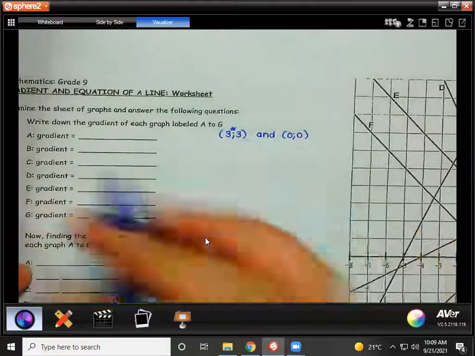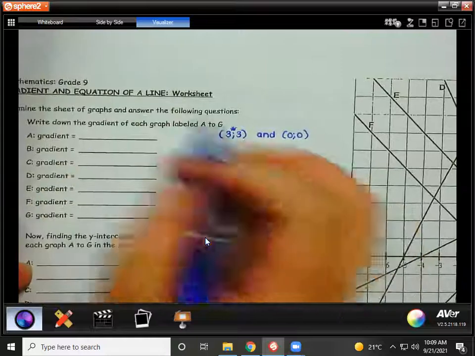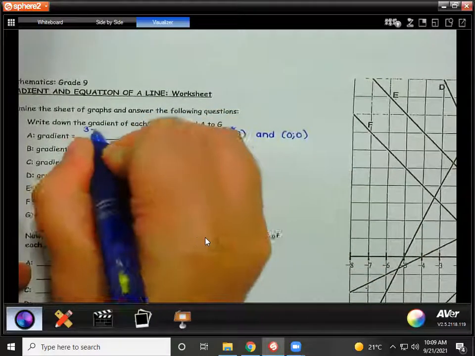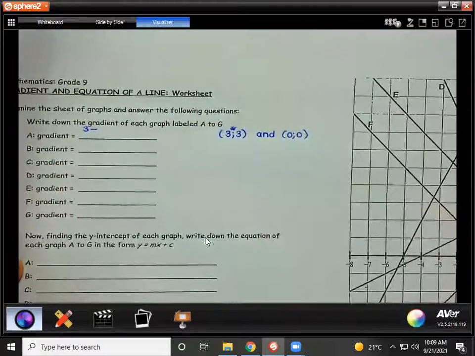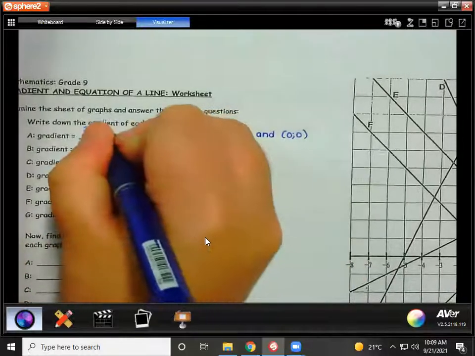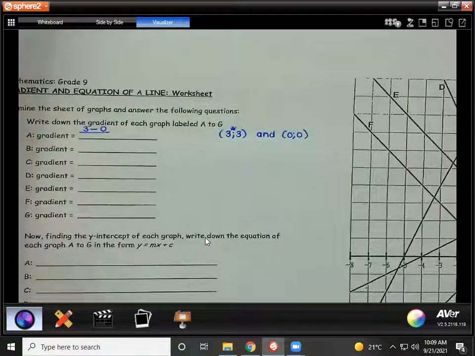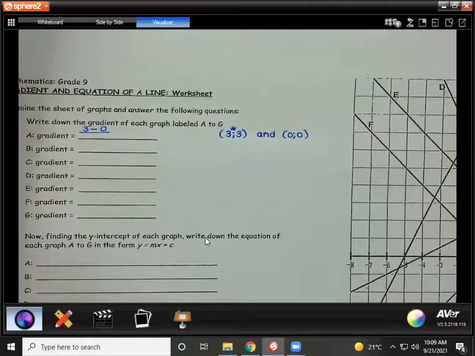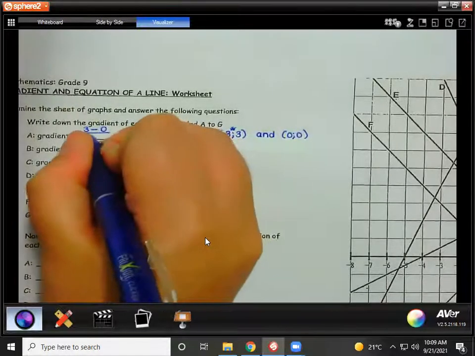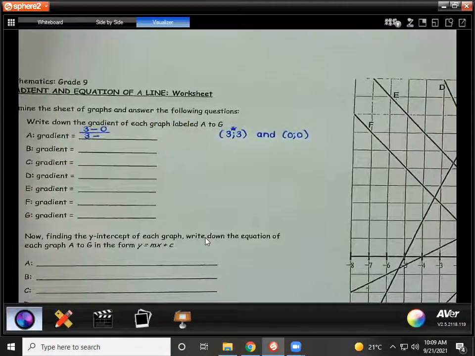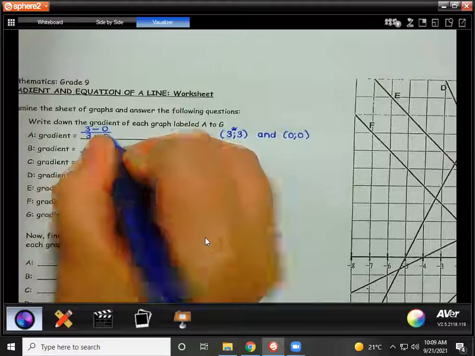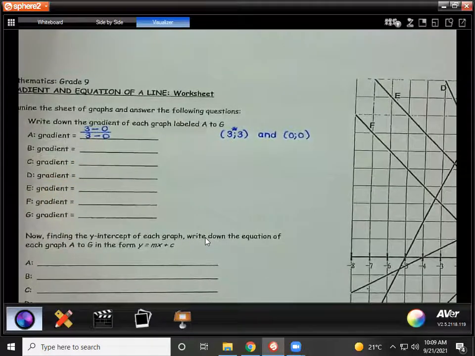What is the y value of the first point? 3. Minus, what is the y value of the second point? 0. Divided by, what is the x value of the first point? Also 3, hey? And the x value of the second point? Also 0. So 3 minus 0.